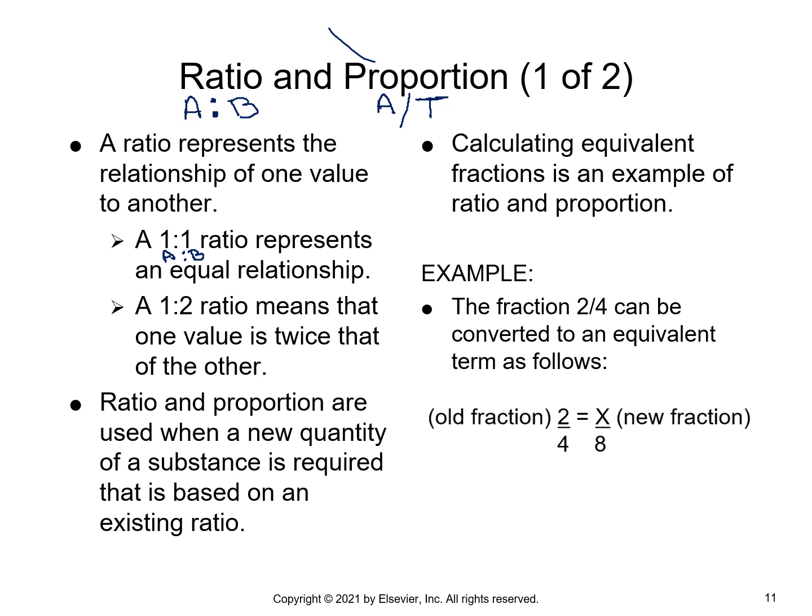And then with a 1-to-2 ratio, you have one part of A, but you have two parts of B. So you have twice as much of B as you do A. So let's think about this in terms of sweet tea. I'm from South Central Virginia, so depending on who makes the tea or where you go, it might be pretty sweet.